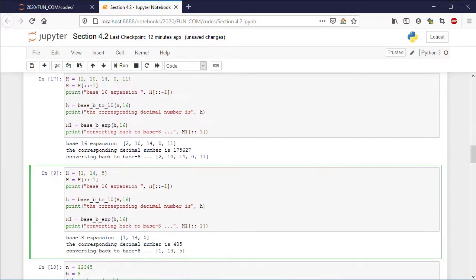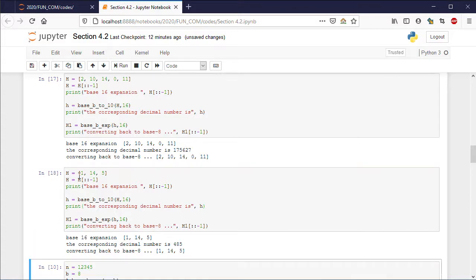The next example, which is a little simpler, is to expand hexadecimal expression 1E5. So 1E5 in the list, I'm using 1, 14, and 5. Reverse the order, and then for now we are going to use this from lowest, the least significant digit, which is 5. The next one is 14, is the letter E, and then the most significant digit is 1. Right?